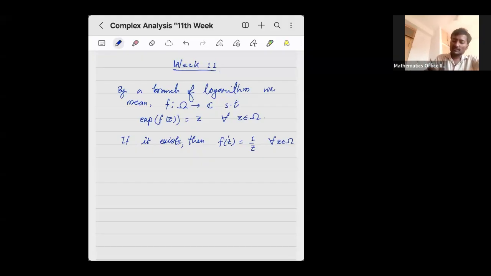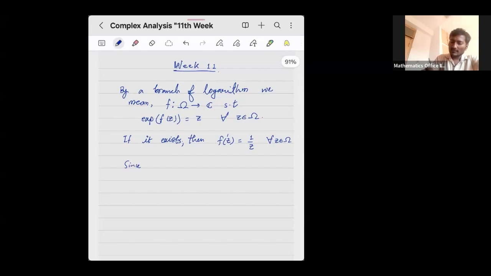So the problem is, since the exponential function is not injective, we don't expect a complete inverse. Okay, so we have to fix our domain and codomain.